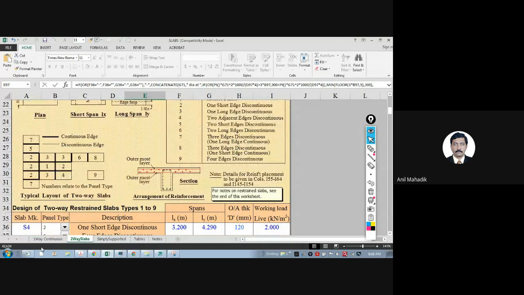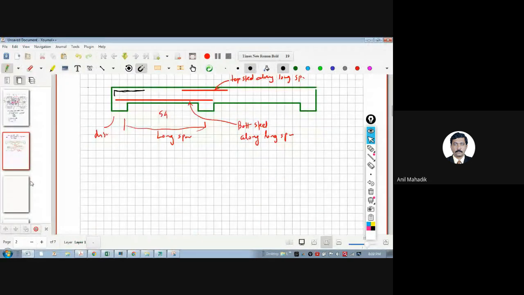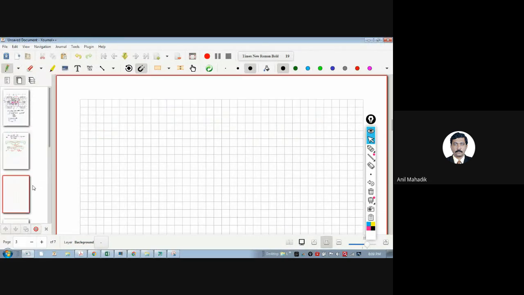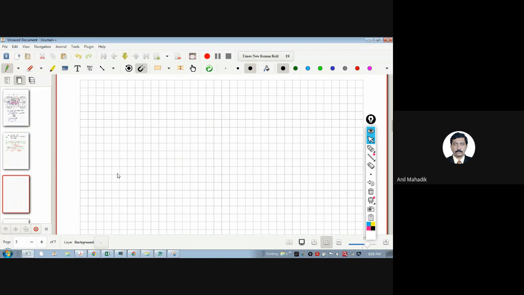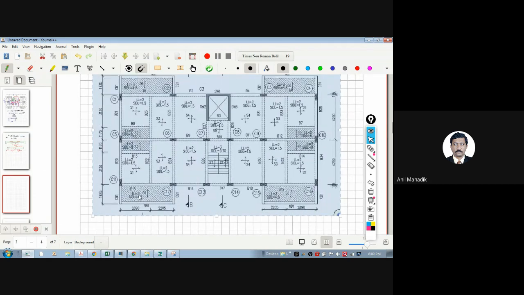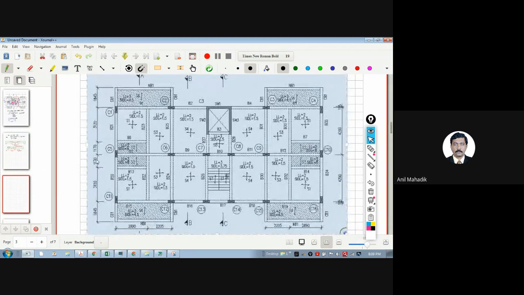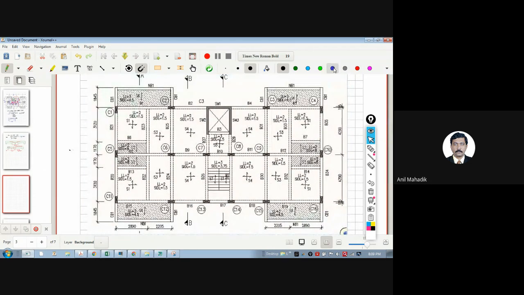So in our building case, what are the cases? Let's rephrase the cases here. Now tell me in each, this is our problem statement. So if you consider this as a one-way slab, there is no problem, simply supported.